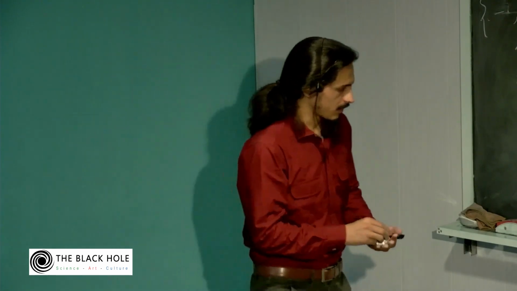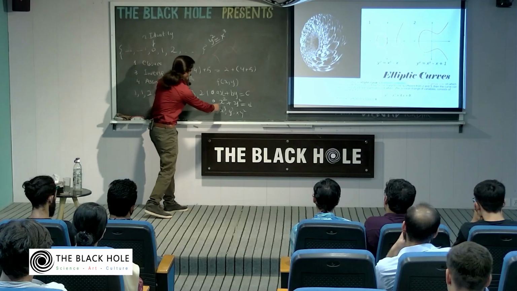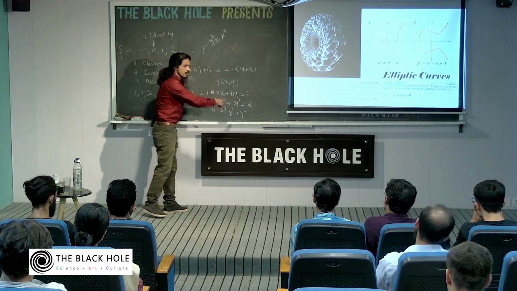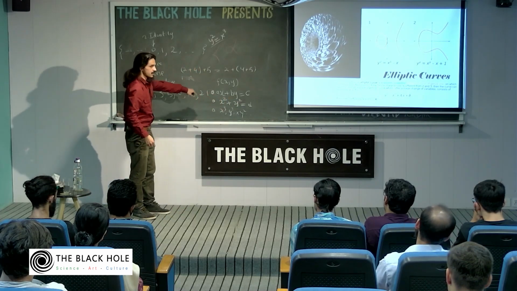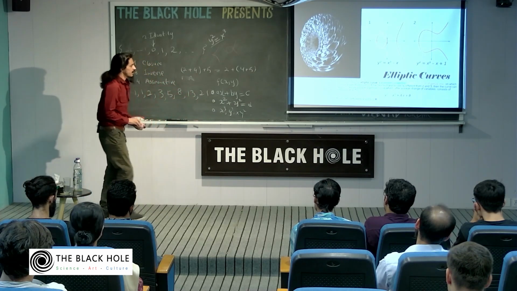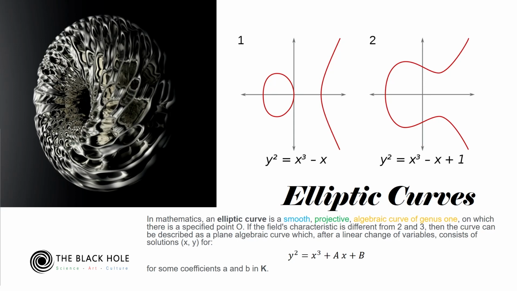For example, a minor detail: sine squared plus cosine squared gives you 1, and that is a parameterization of this circle. There is a similar parameterization of this curve in terms of functions defined over the complex numbers, and when we plot them, they give you such beautiful objects called elliptic curves. The number of holes of these objects decides the genus of the curve.